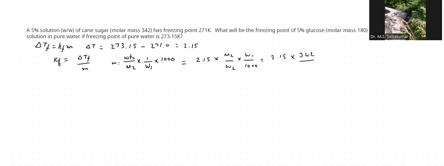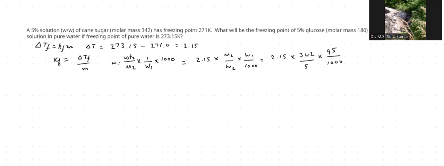So 5% means it is 5 gram in 100. So the remaining 95 gram is the weight of the solvent. So divided by 1000. So this is the Kf value.